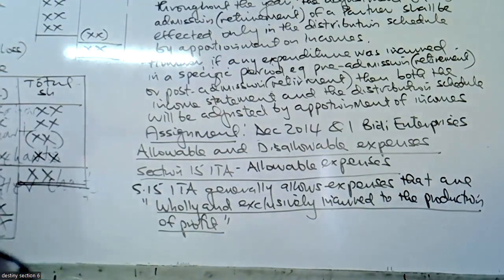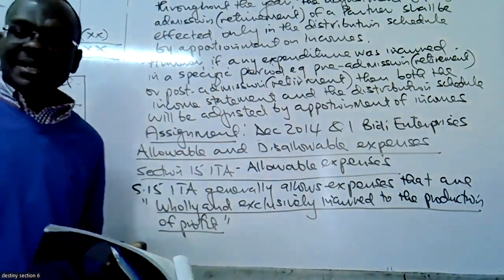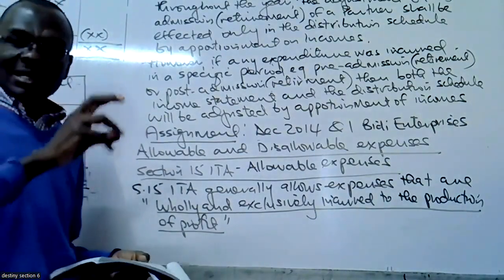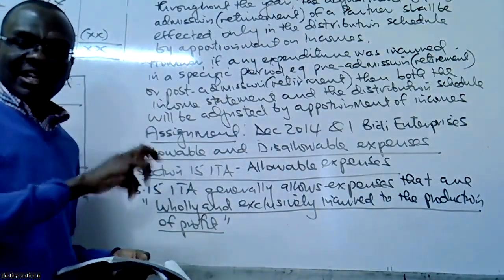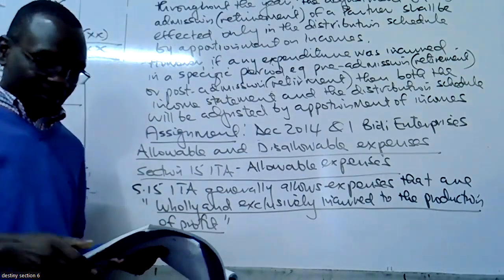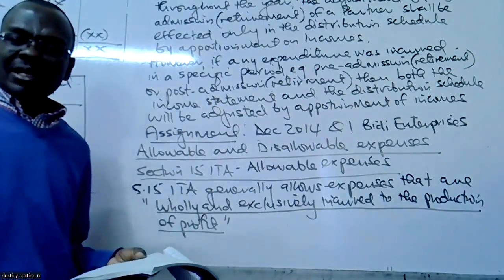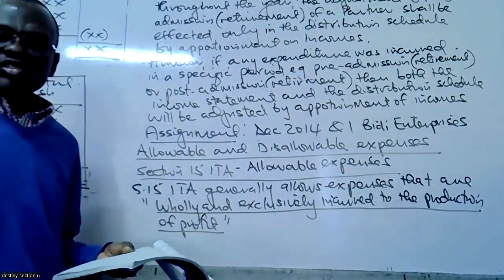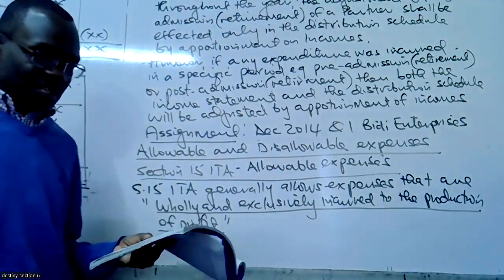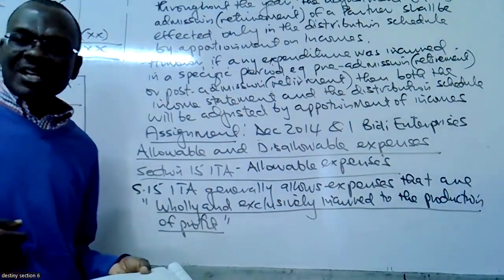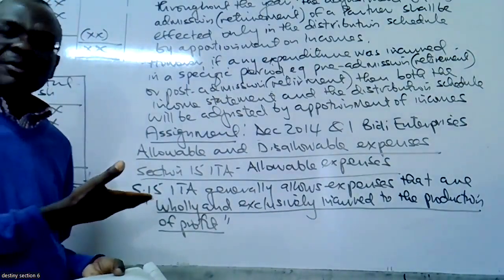So generally, tax will allow expenses that are wholly or directly incurred in production of income. These are usually normal trading expenses or business expenses. Examples could be salaries and wages.